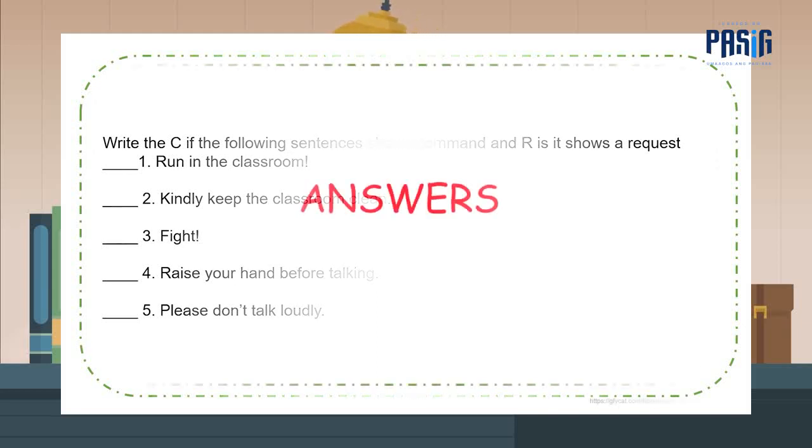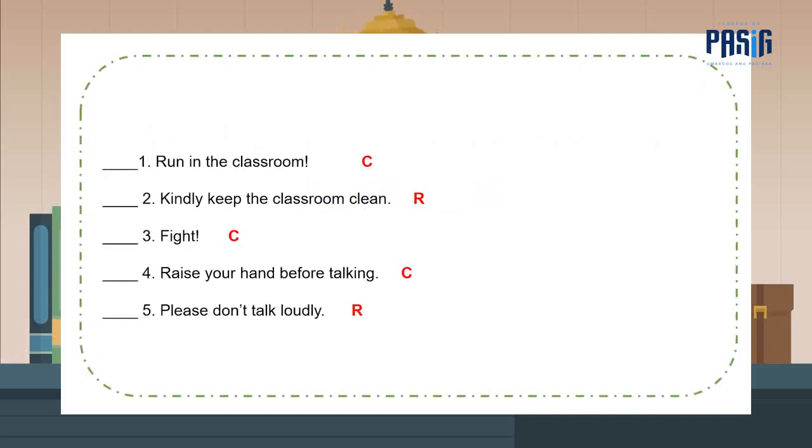Now, let us check your work. Number 1, run in the classroom. Awesome! That is C, command. Number 2, kindly keep the classroom clean. You are right, it's R, request. Number 3, fight. Perfect!